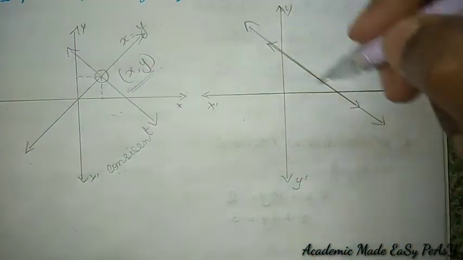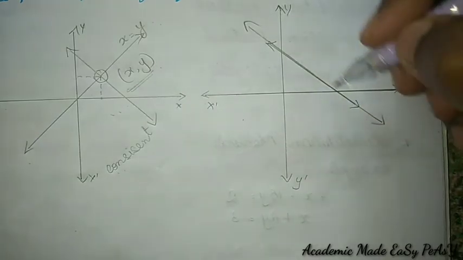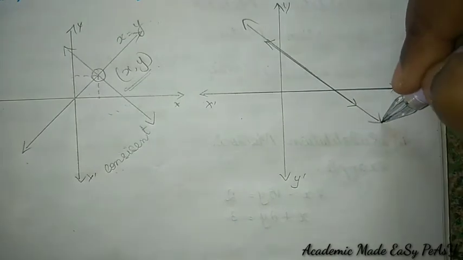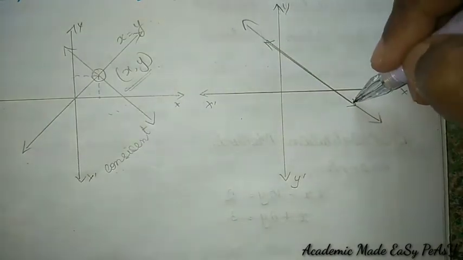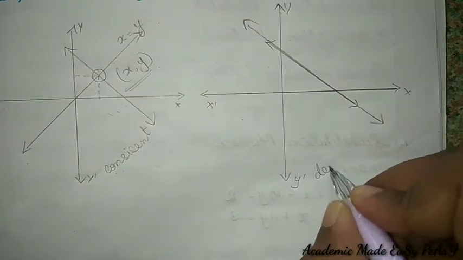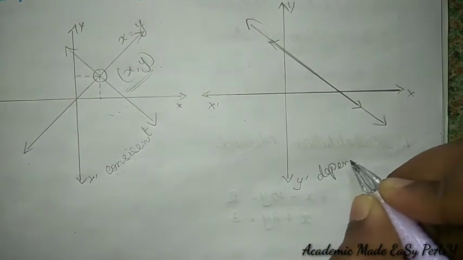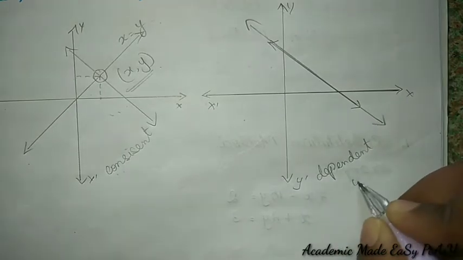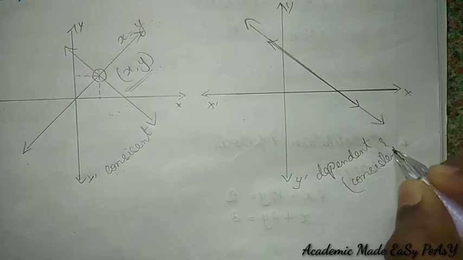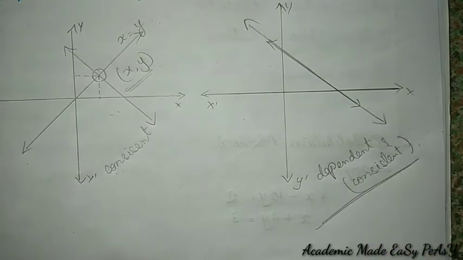See, I have drawn two lines. I have made some difference over here. A line is passing like this and one more line is passing on that itself, so it means it is a coinciding line, so it is dependent and consistent. I will be saying it this way.